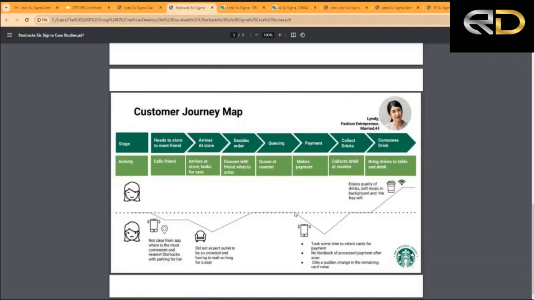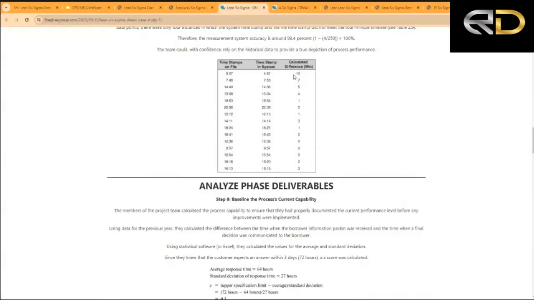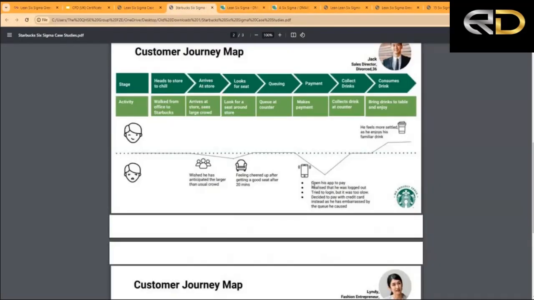In the measurement phase, yes, we know that there is a problem in the payment, and these are the characteristics of the problem. But now in the analyze phase, we want to see what is causing these items that have been listed right here. Don't let it confuse you, because here we have numbers, and here we have sentences, and then all of a sudden it's a new concept.